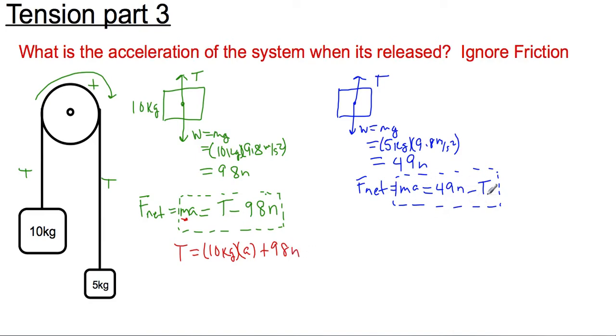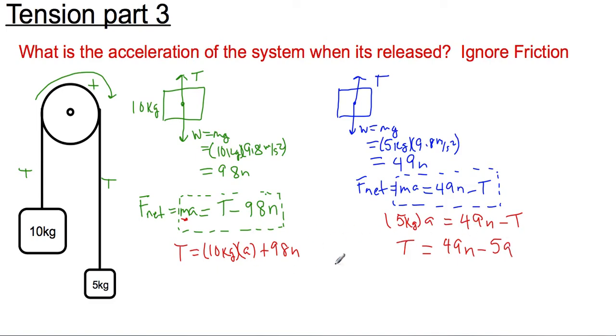I'll do the same thing over here, but this time I'm going to move the tension to this side. 5 kilograms times A is equal to 49 newtons minus T. Now I want to get T by itself and make it positive, so T is going to equal 49 newtons minus 5 times A.